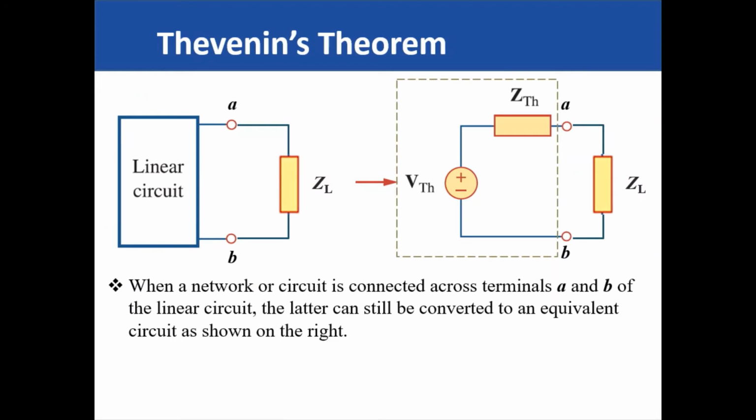Now let's say we have a linear circuit, and on the terminals there is an element connected, or another network is connected across these terminals. We could still determine the Thevenin's equivalent of that linear circuit by first isolating the element or the network that is connected to the terminals, and determine V sub th and Z sub th.